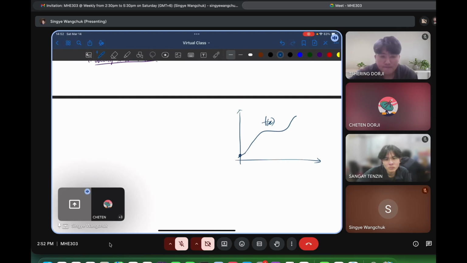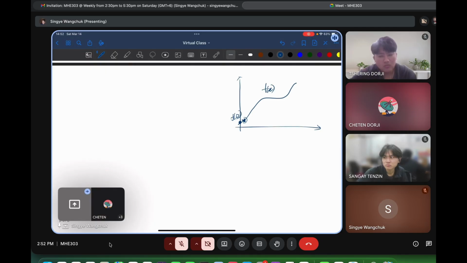For example, if you know the value of the function at 0, and if you know the derivative at 0, then you can get the function neighboring to that point. This is like, for example, you walk through the pavement, and you know the distance, and the velocity, which is dx by dt.